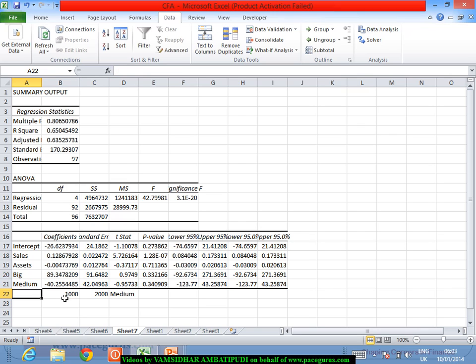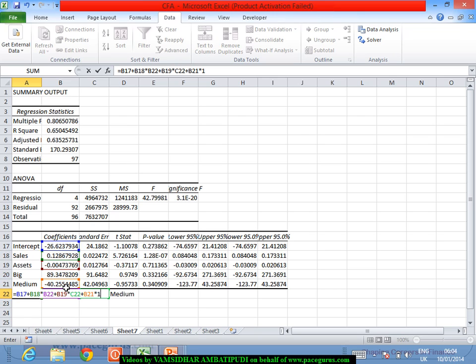Then if I have to predict the profitability for that kind of company, I am taking it as intercept plus sales coefficient times the sales number plus assets coefficient times the asset number, and big, it's not a big company, so 89 will not be impacted, but medium coefficient times 1 means if it had not been a medium company, then its profit would have been 40 more.